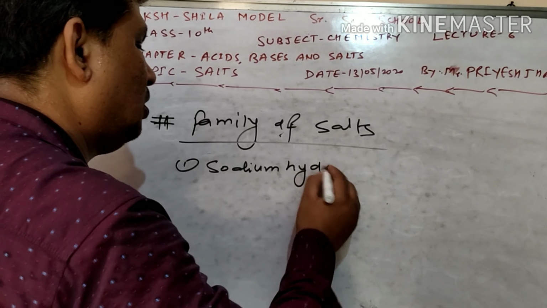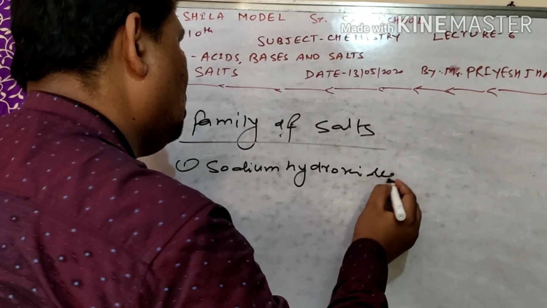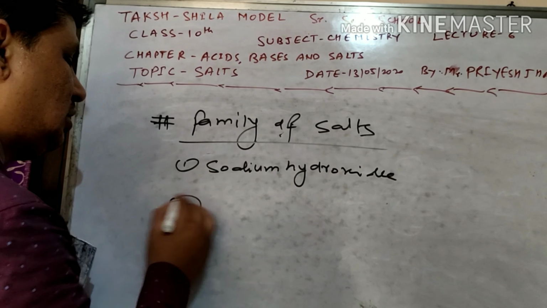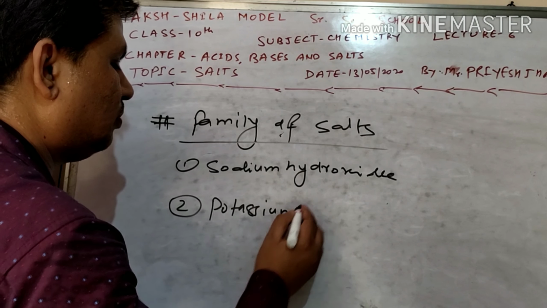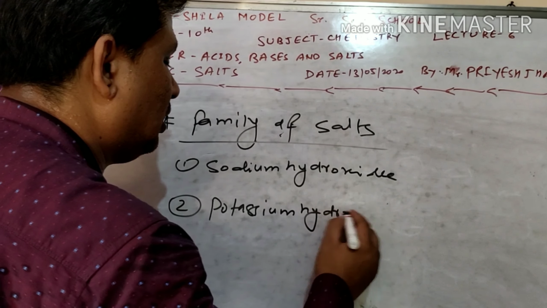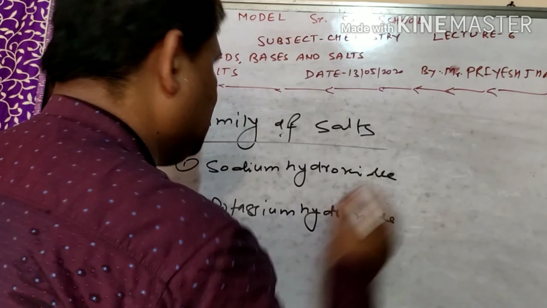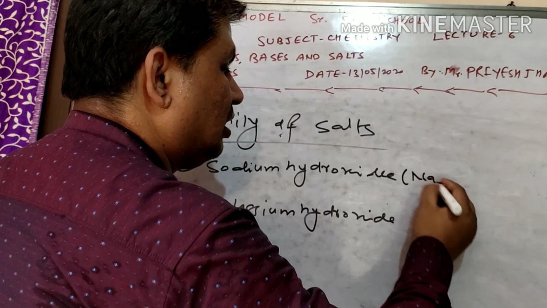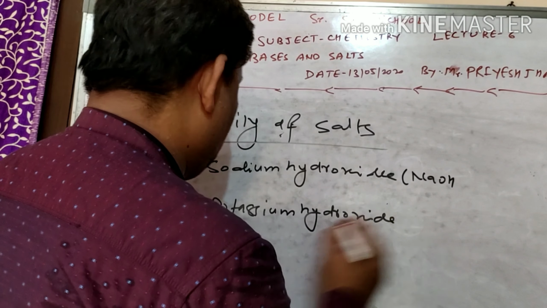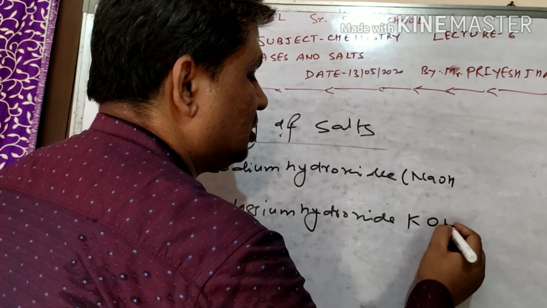In case of common negative ions, sodium hydroxide and potassium hydroxide. The chemical formula of sodium hydroxide is NaOH and potassium hydroxide is KOH.